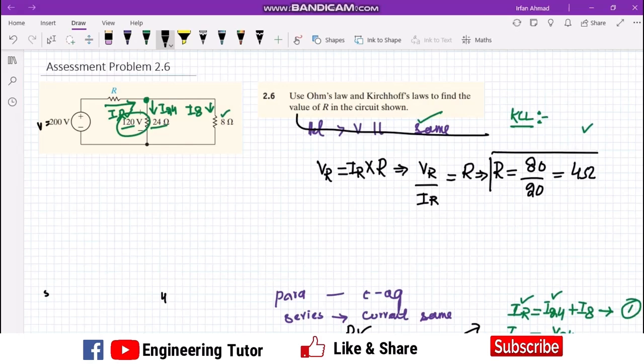So this is the answer which we were looking for, and this is what we have found.